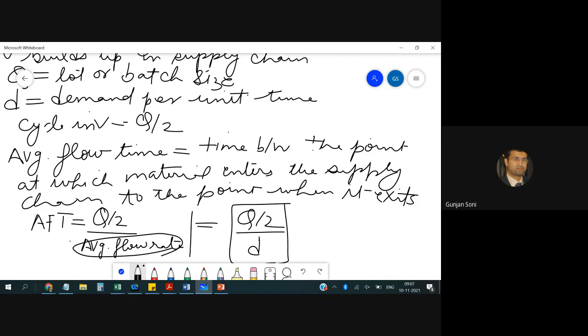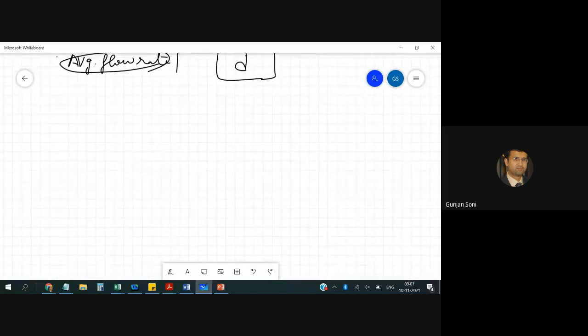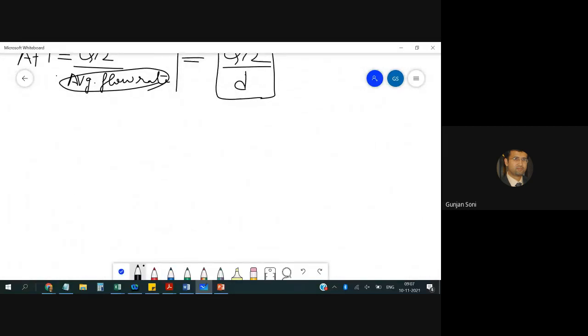Now let's take a problem. Let's say in a given supply chain, the manufacturer is having a lot size of 1000 units, and D, the demand for the given product, is 100 units per day.